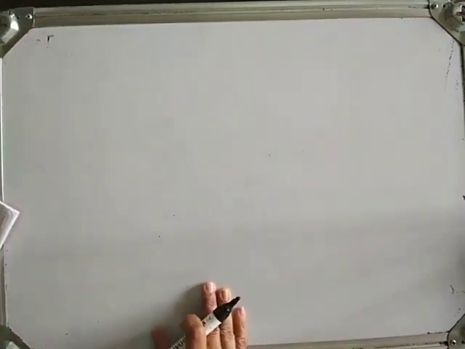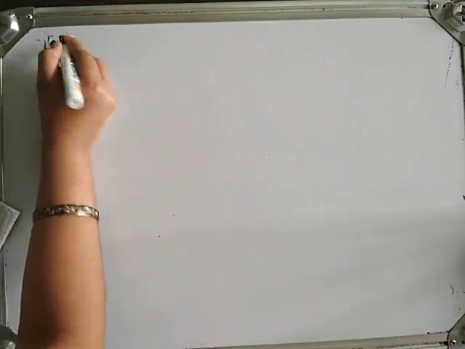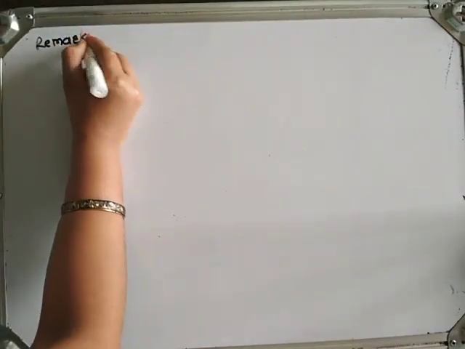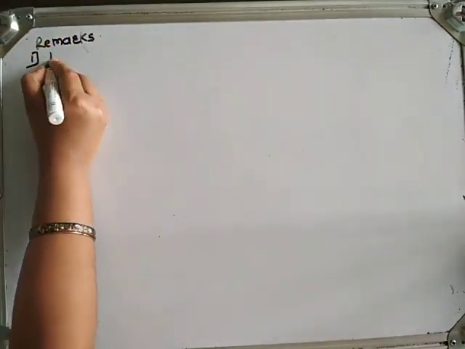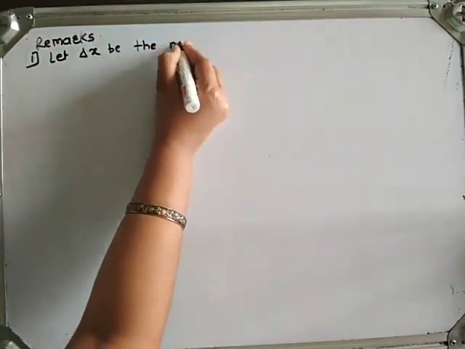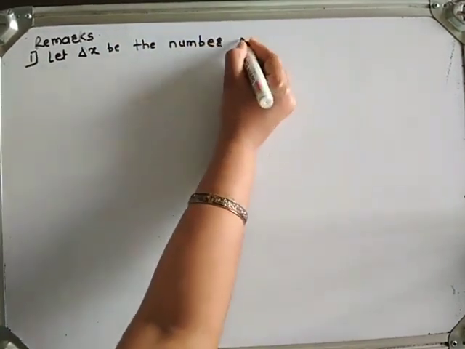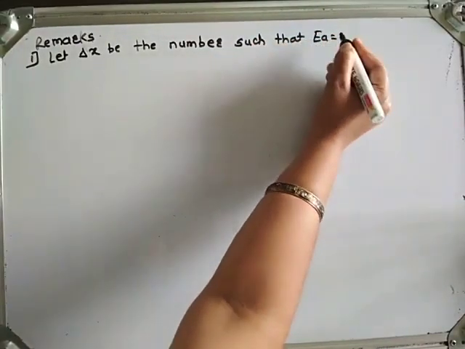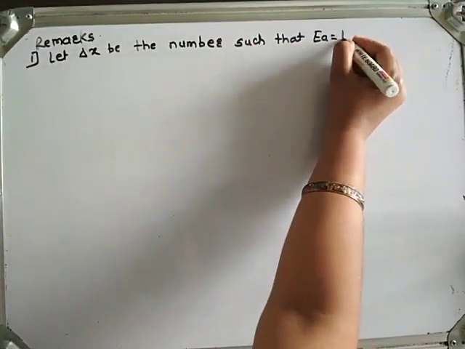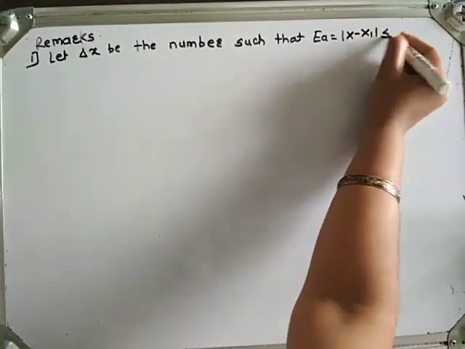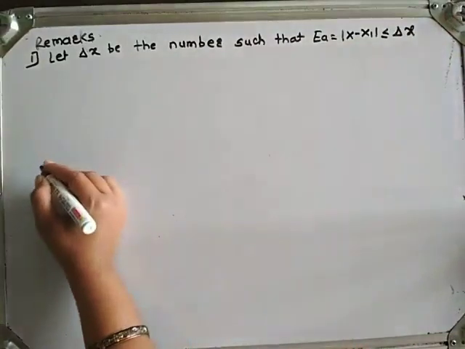Let us see some remarks. The first remark is, let delta x be the number such that EA, the absolute error, which is equal to modulus of x minus x1, is less than or equal to delta x.